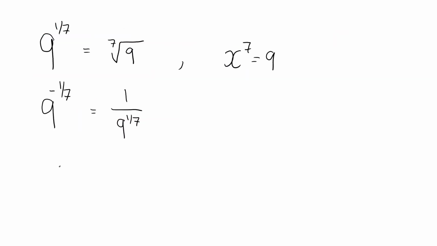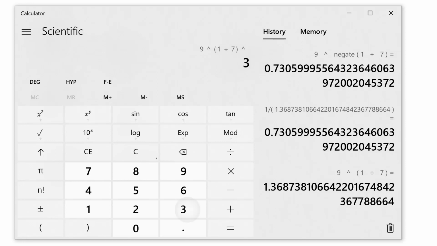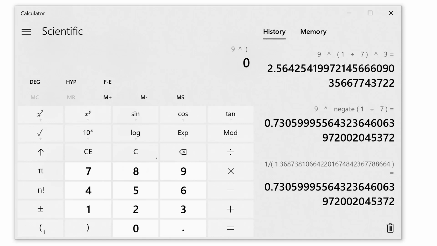For example, 9 raised to 3 over 7 is defined as 9 raised to 1 over 7, which we have previously defined, this whole thing raised to 3. 9 raised to 1 over 7 was 1.369, which means that 9 raised to 3 over 7 is the cube of 1.369, or 2.564. We can check this by doing 9 raised to 3 divided by 7, and we get the same answer.